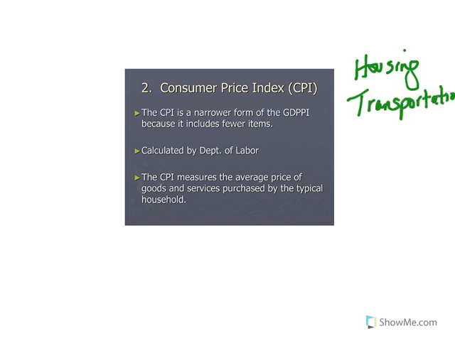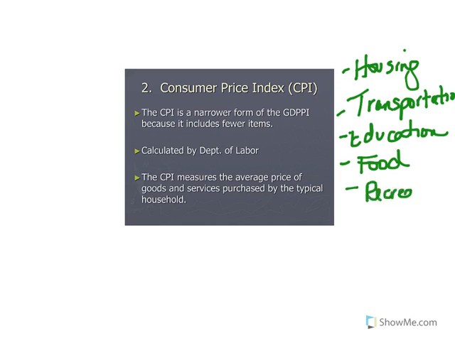But those, of course, are not the only items that the average household purchases. They also look at how the cost of education has changed, how much the cost of food and beverages has changed, how much the cost of people's average recreational activities and medical care have changed.